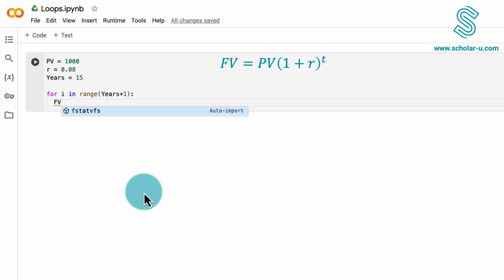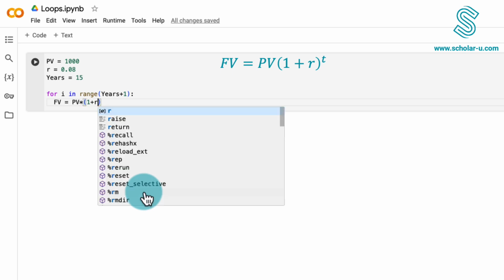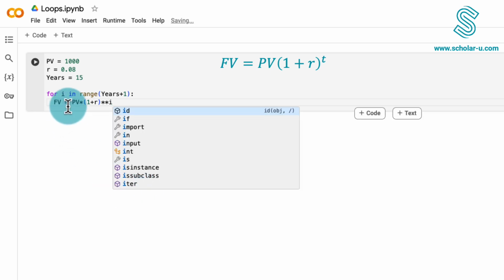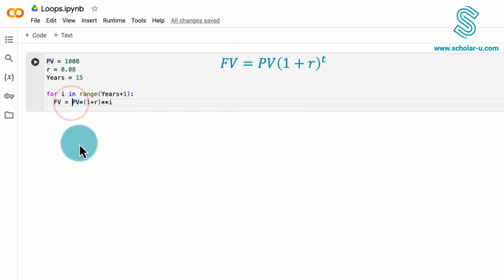Once we're here, we're going to calculate the future value, which is our present value multiplied times 1 plus r, and we're going to raise this to the power of the number of years. Let's encapsulate this inside a round statement to make sure that we only have 2 decimal places.